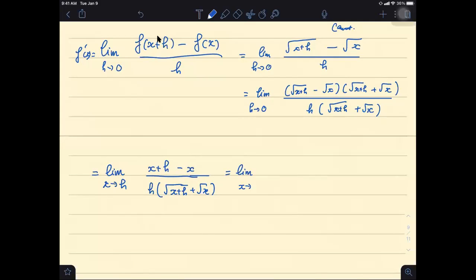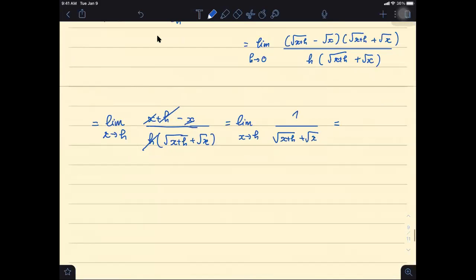So this one equals h over h, this one cancels this one as well. So you're going to have 1 over square root of x plus h plus square root of x. Okay. Then what do you guys think? This one equals what?